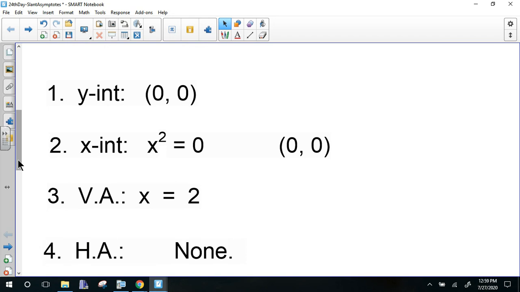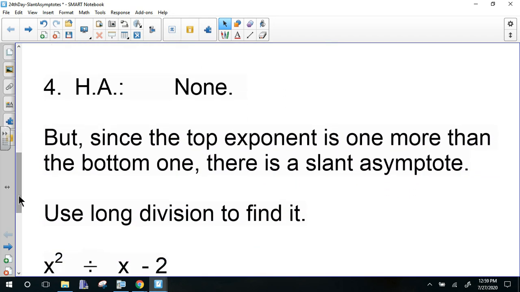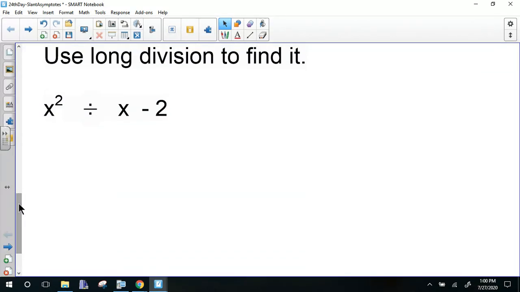There's no horizontal asymptote, but we determined that since the top exponent's one more than the bottom, there's a slant asymptote. So we're going to use long division to find out what the slant asymptote is. The slant asymptote will be an equation.